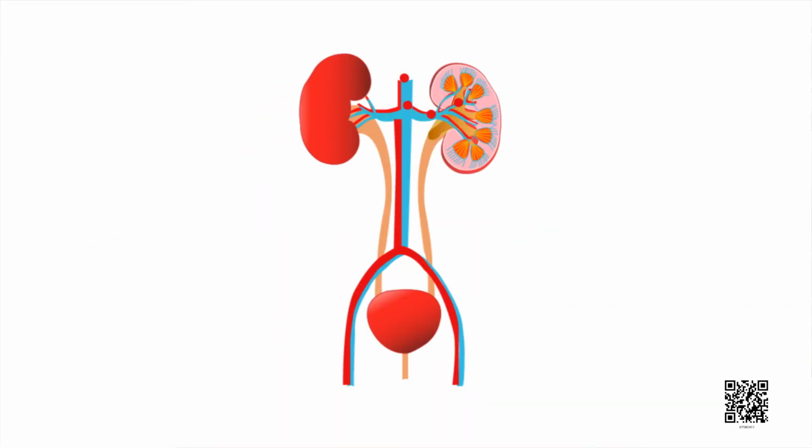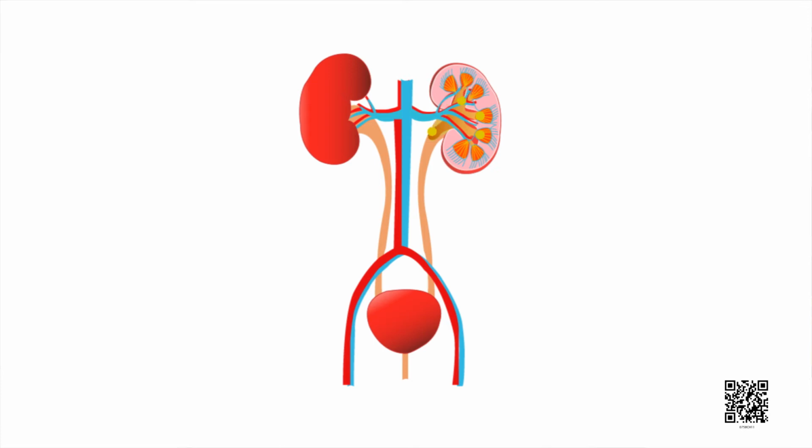When the blood reaches the two kidneys, it contains both useful and harmful substances. The useful substances are absorbed back into the blood. The wastes dissolved in water are removed as urine.